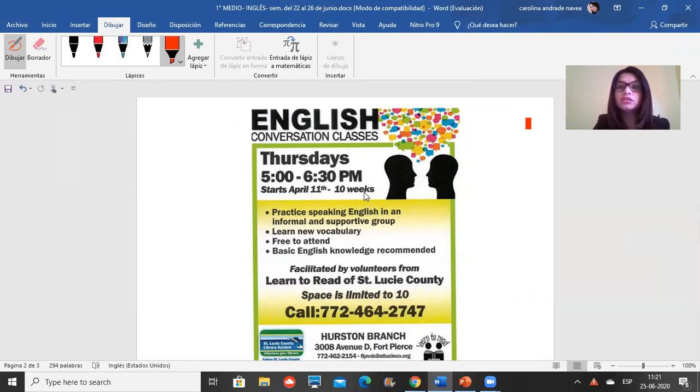Okay, so we are going to start underlining the words we don't know. So I'm going to suppose I don't know the word weeks. All right, so I'm going to underline weeks. Then it says, practice speaking English in an informal and supportive group. What is to practice? It is very similar, right? It is a cognate. So we can know that practice means practicar, right?